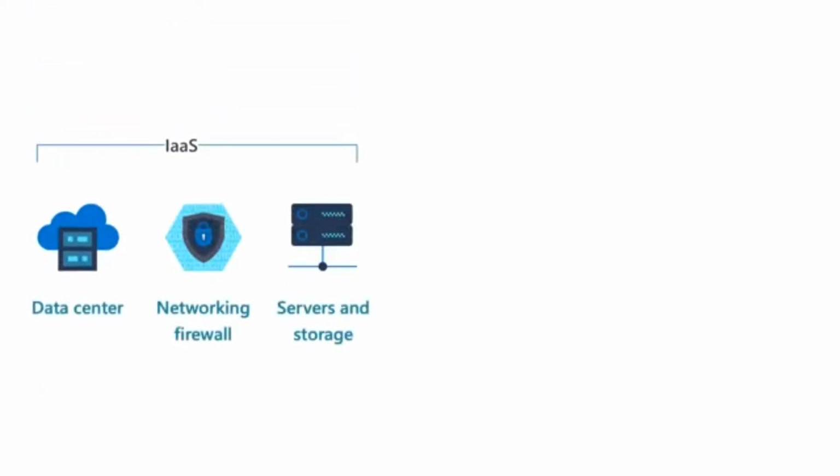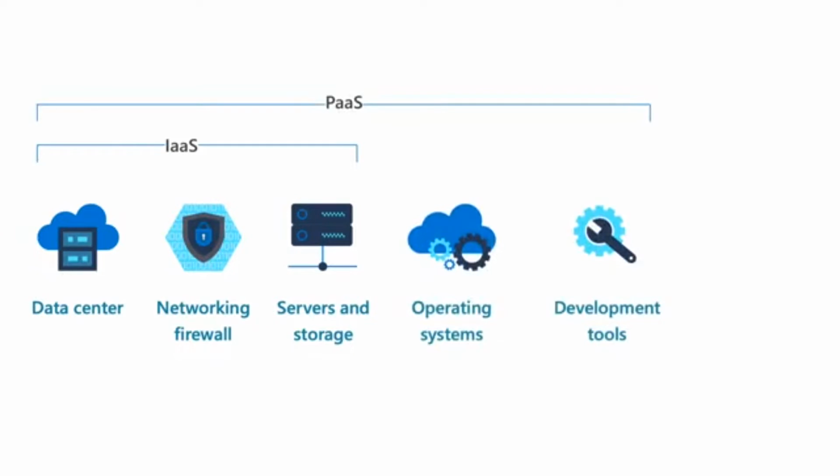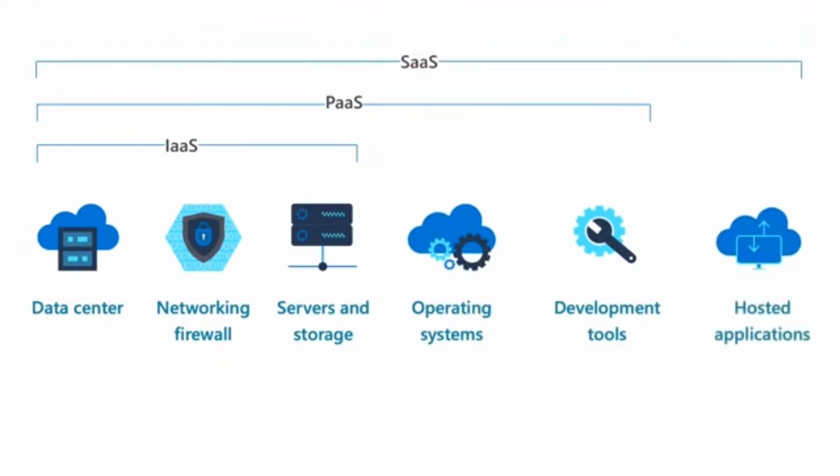IaaS is the most flexible category of cloud services. It aims to give you complete control over the hardware that runs your application. Instead of buying hardware, with IaaS, you rent it. PaaS provides the same benefits and considerations as IaaS, but there are some additional benefits such as database management and operating systems. SaaS is software that's centrally hosted and managed for you and your users and customers.